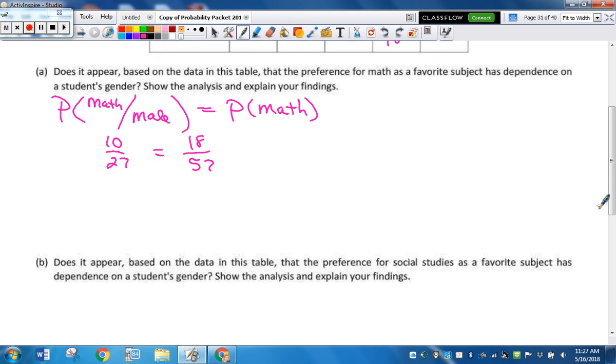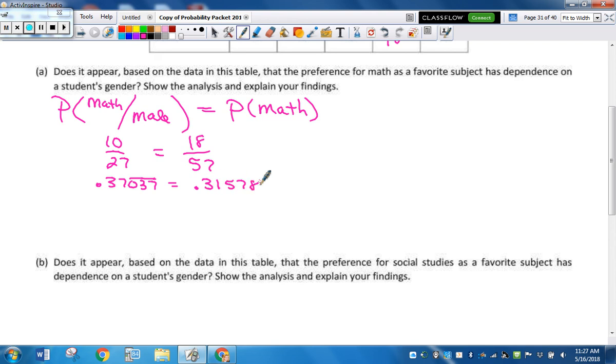What are we getting over here? 0.37. Give me a couple more. 0.37 repeating, sorry. Okay. Equals 18 over 57? 0.315789.